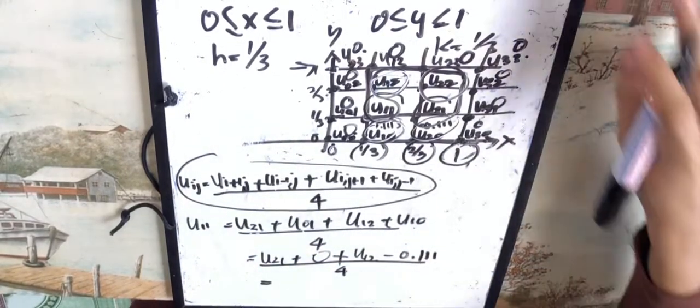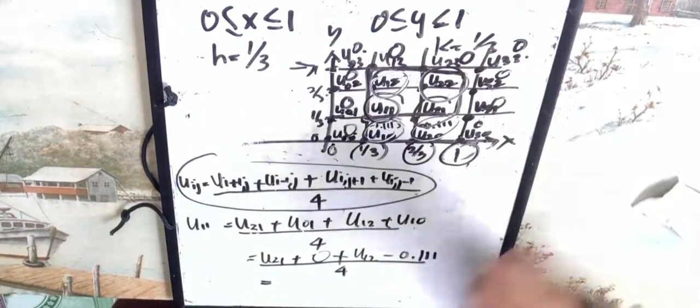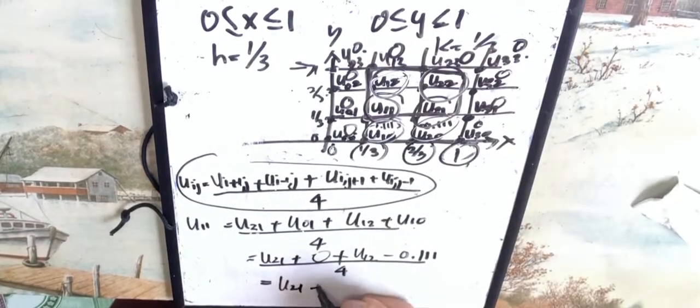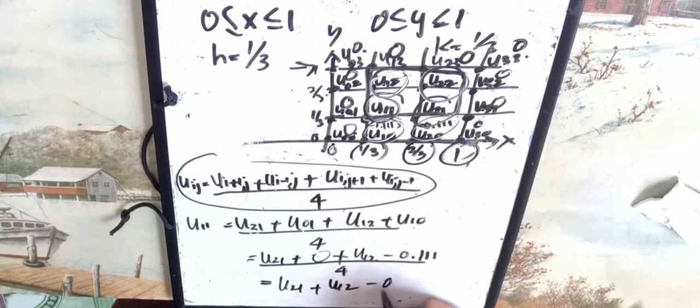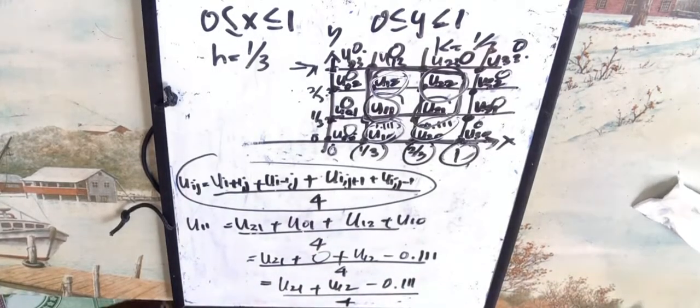You simplify and you will get u21 plus u12 minus 0.111, divided by 4. You leave it like this first because we cannot complete this equation yet. You want to get these two values, but we cannot proceed because there's only one equation.